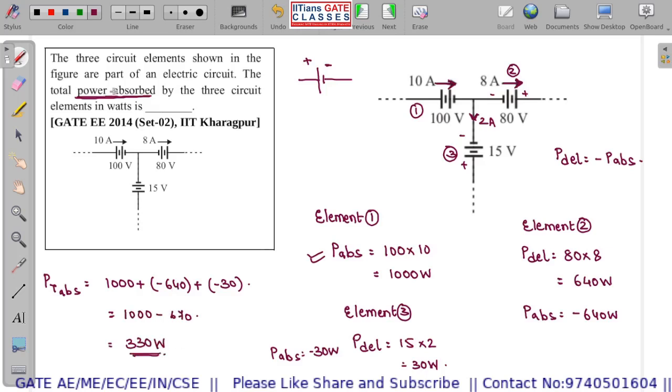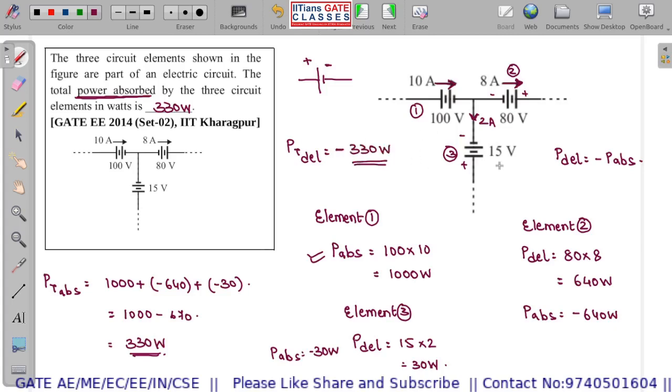So the total power absorbed by the 3 circuit elements is 330 watt. If in the same question it was asked what is the total power delivered, then if total power absorbed is 330, the total delivered power will be minus 330 watt.